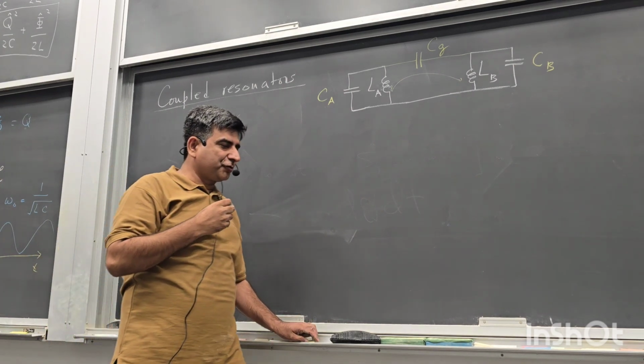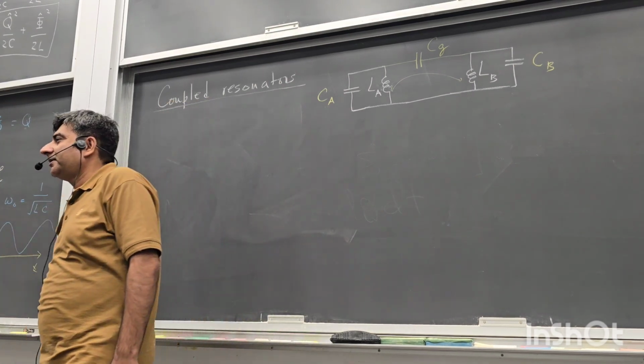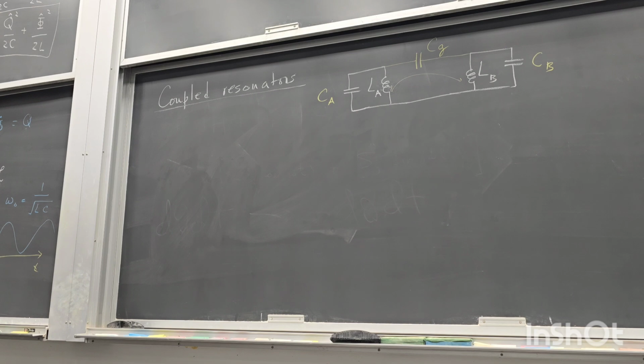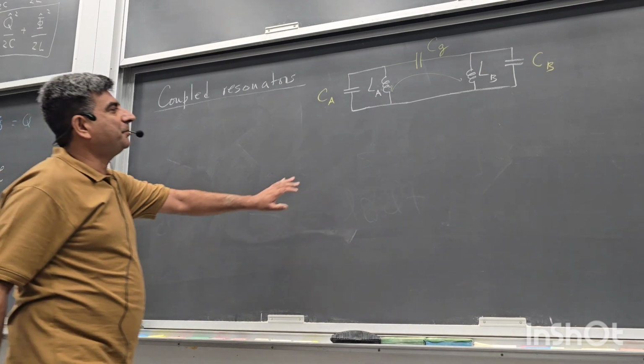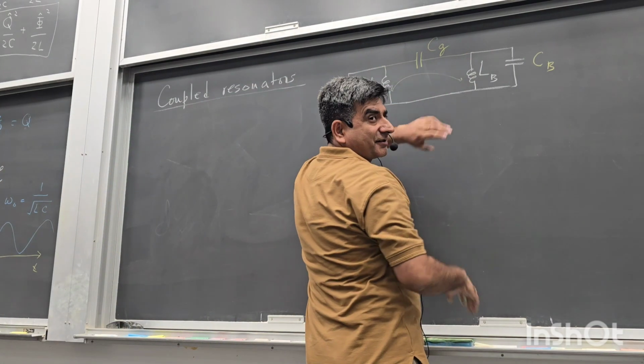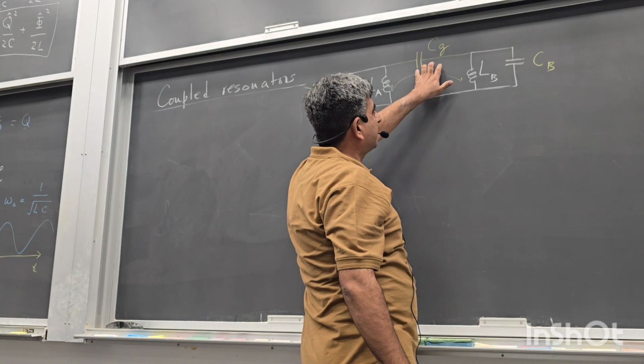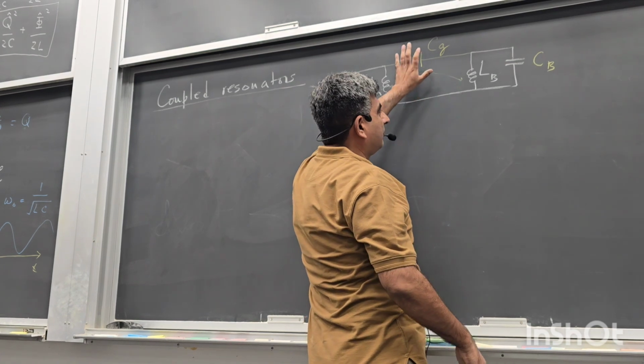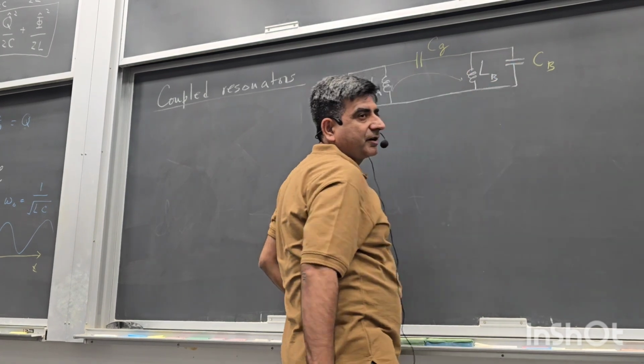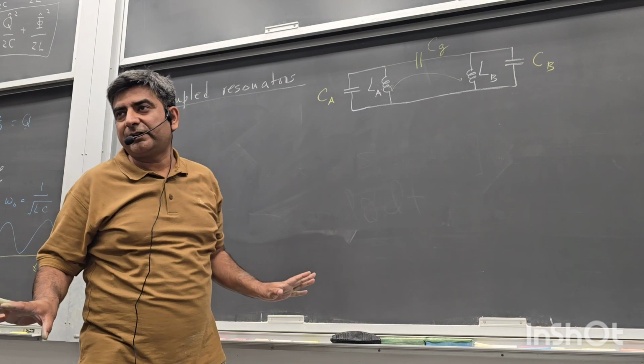Now from a basic notion of physics, your GRE physics, how many natural frequencies would the system have? If they were independent, if this coupling capacitor was absent and these circuits were far apart, then there were two independent oscillators.